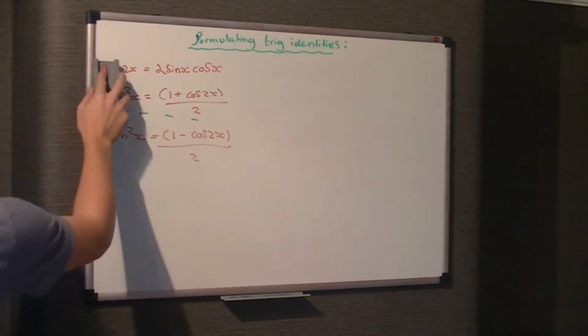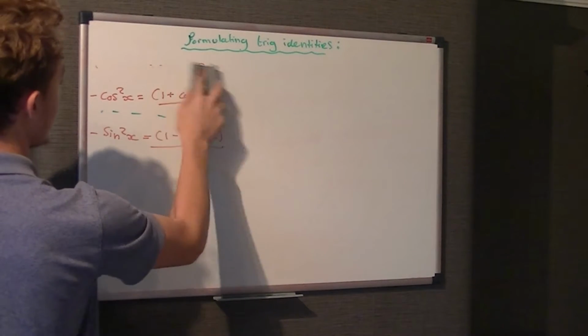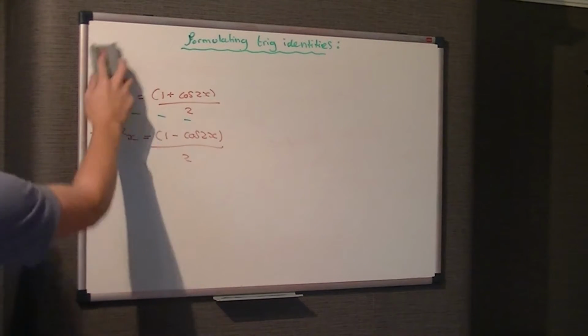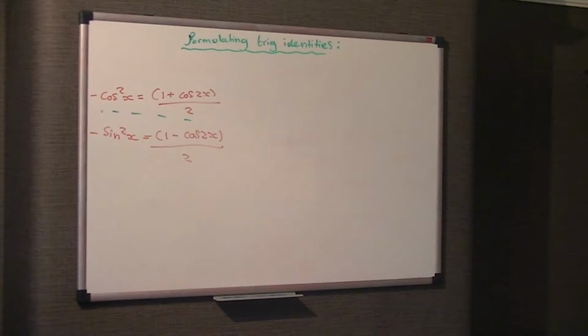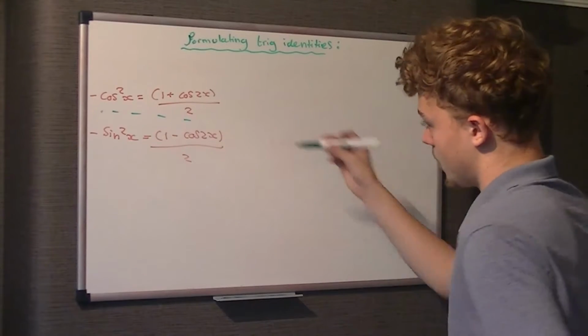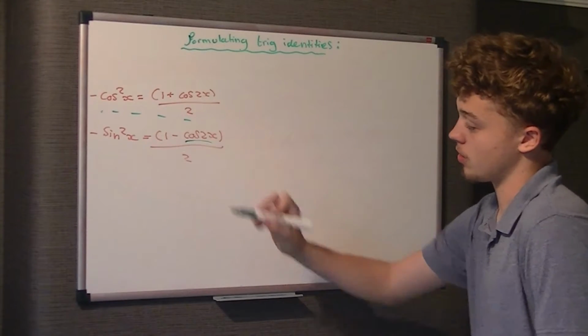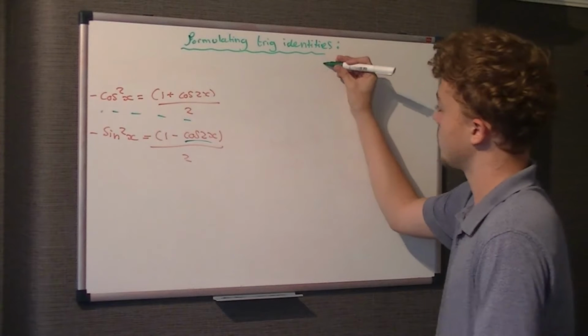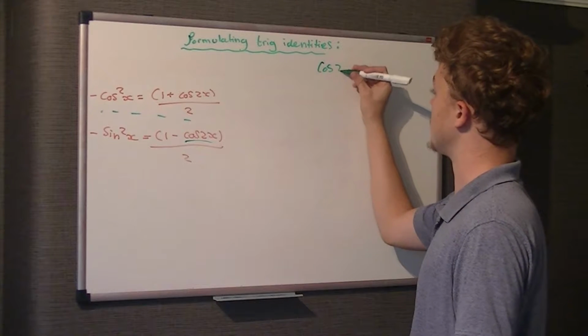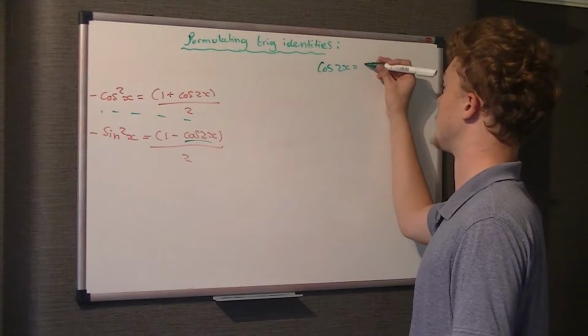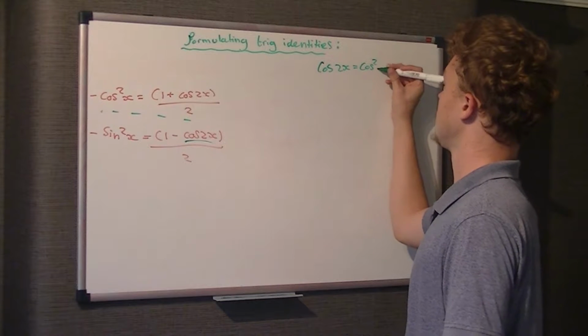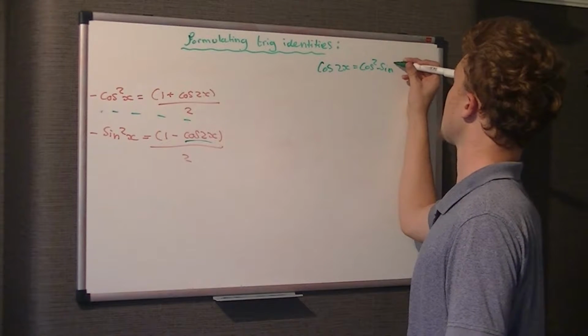Okay, so it's these two we're focusing on now, the ones that are left. Right, so your cos squared x and your sin squared x. Now, what we do here is we obviously start with the cos 2x. So, remind ourselves what cos 2x is, which is your cos squared x take your sin squared x.